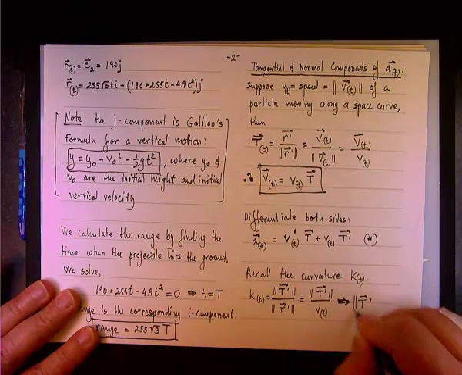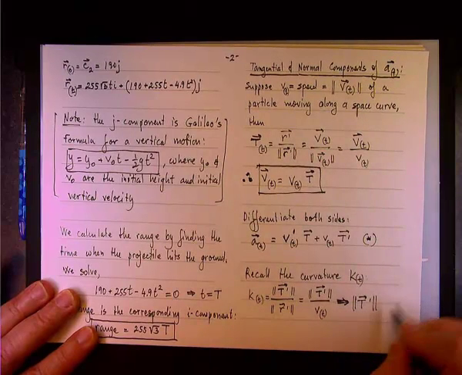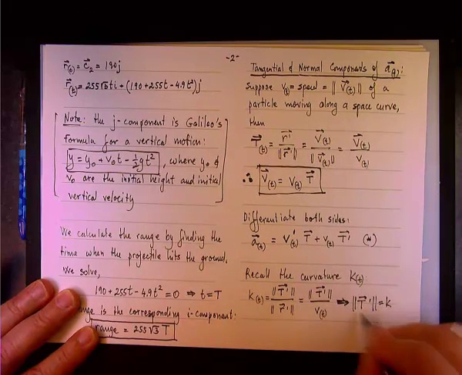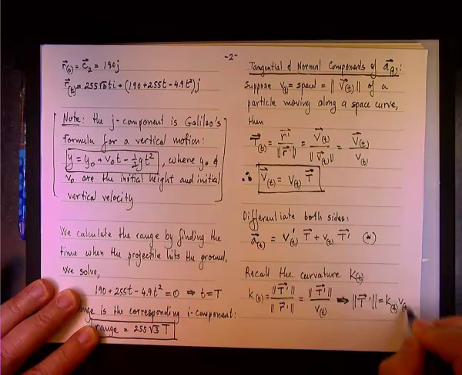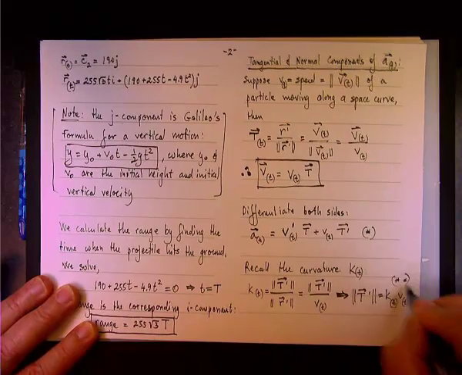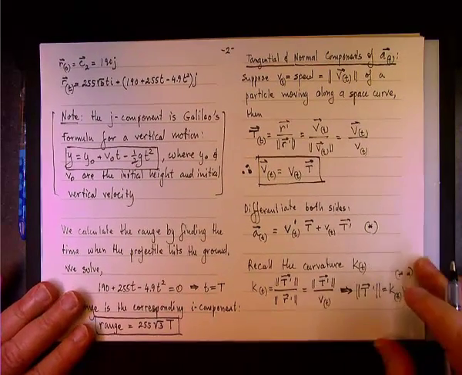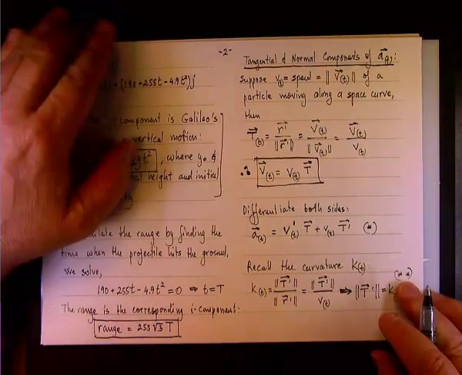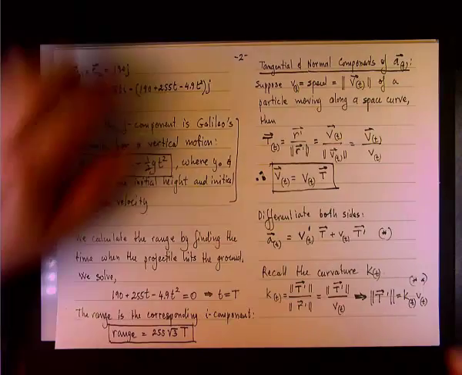Okay, good. So now let's see what we can do with it. What is the magnitude of r prime, the denominator? It's V of t, right? Not the vector, it's the speed.